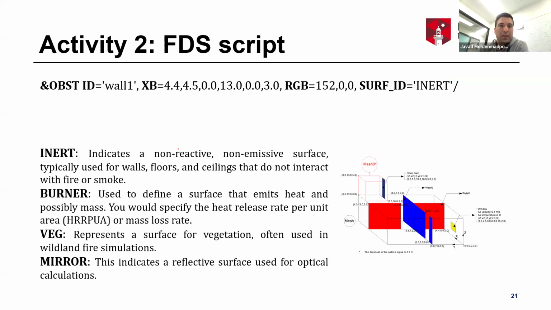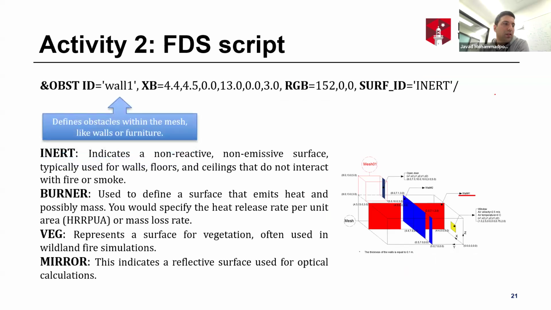So what is the next? I'm going to define the first obstacle. What is the first obstacle? It's the wall 1. So I name it and define the ID as wall 1, the obstacle ID. And again, in the next term, you can define the color or the coordinates.